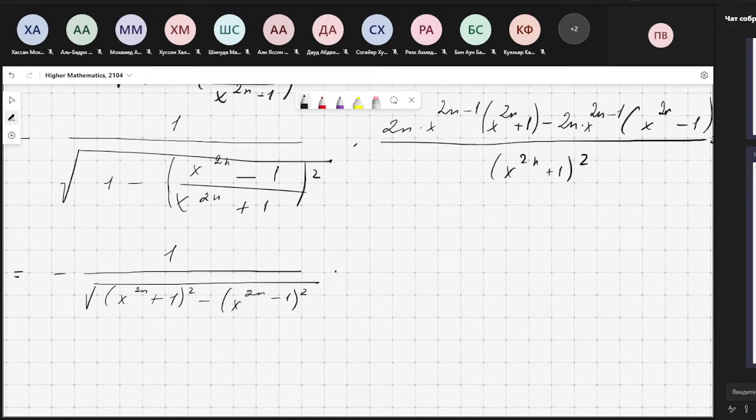Multiply by, in this stays x to the n plus 1 to the power of 1, and this 2n times x to the power of 2n minus 1 multiply by x to the power of 2n plus 1 minus x to the power of 2n plus 1, which is just 2.